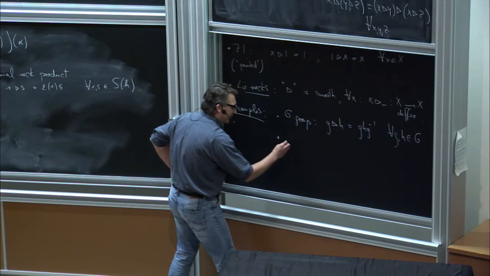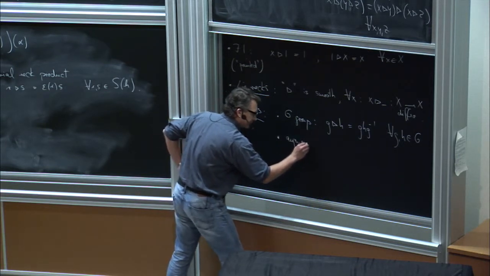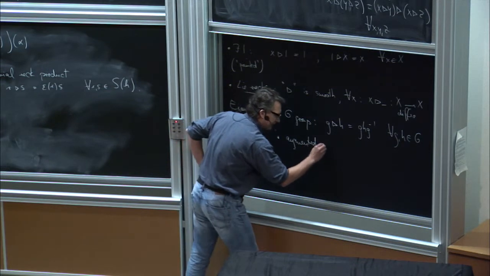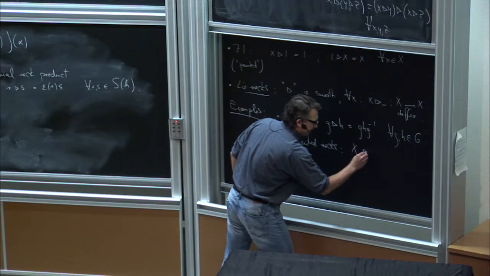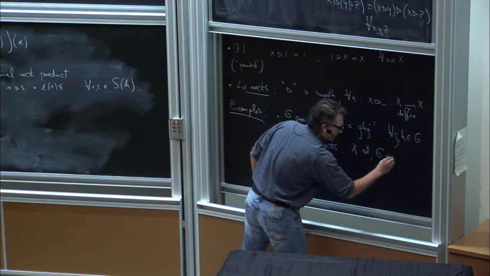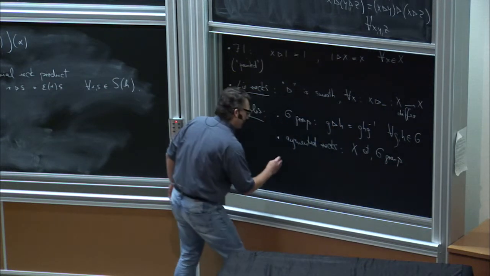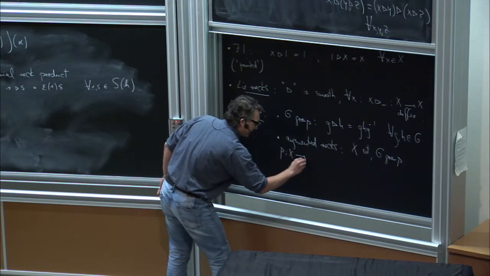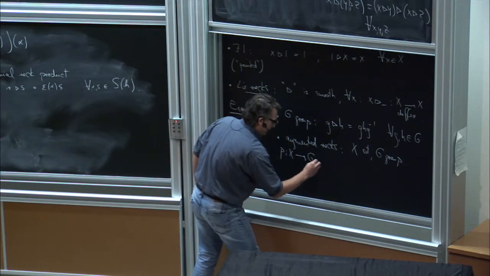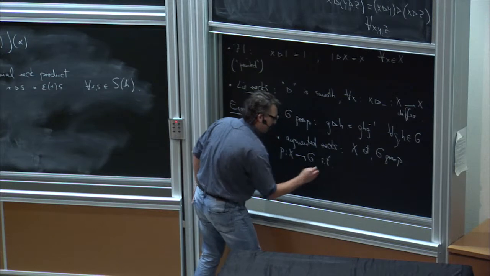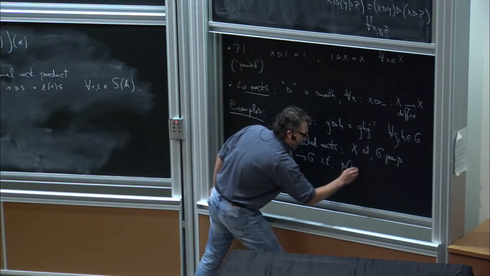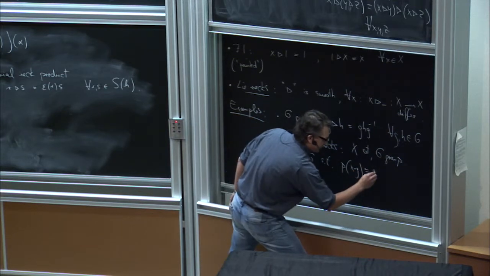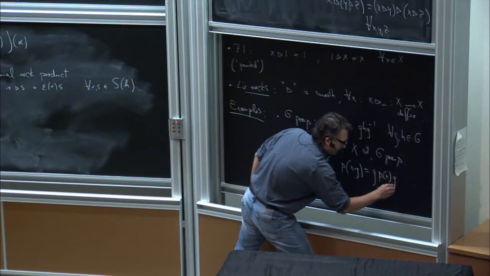And one class of examples I want to emphasize is augmented racks. When you have X a set, G a group, and p from X to G, a map such that p of x acted on by g is equal to g p of x g minus 1.